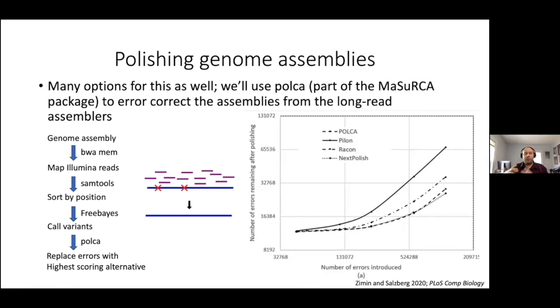And then you'll take your short reads, map those back to your assembly, sort by position. So you're using BWA-MEM, SAMtools, and then you'll essentially call SNPs with FreeBayes and indels, and then replace the high quality variants with the low quality score on the assembly to correct some of these issues.